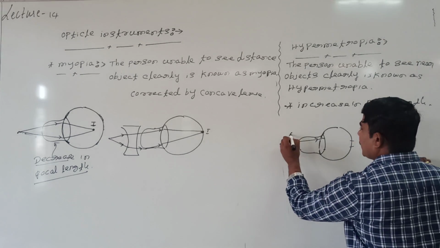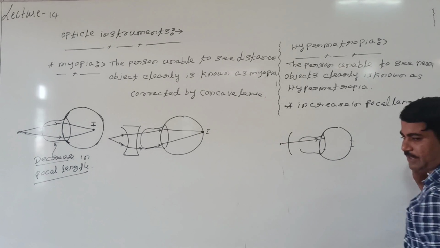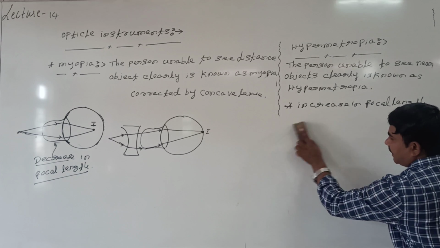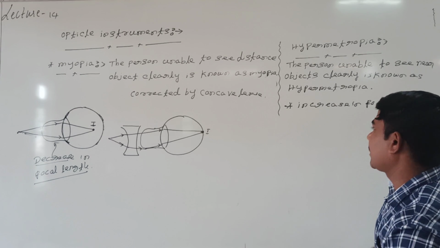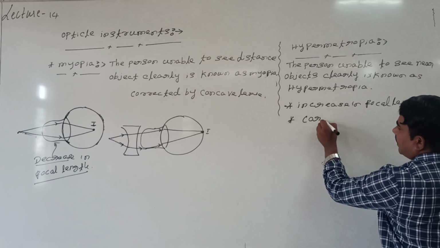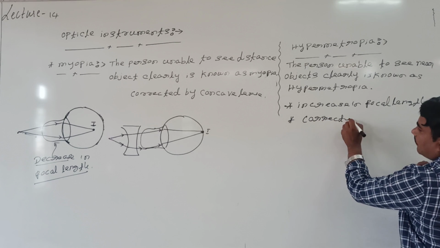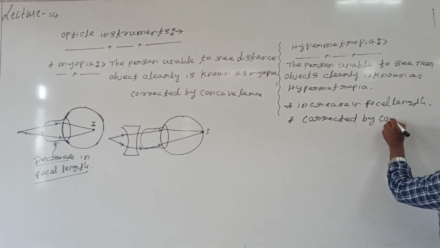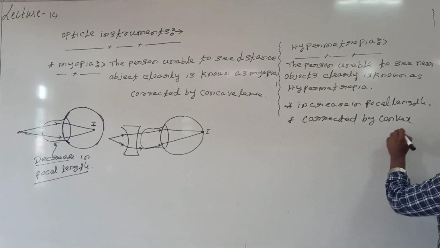Here what are we using? We are using a convex lens. See here, for my convenience I will take one second diagram. Look at me, how is it corrected? Hypermetropia can be corrected by a convex lens of suitable focal length.